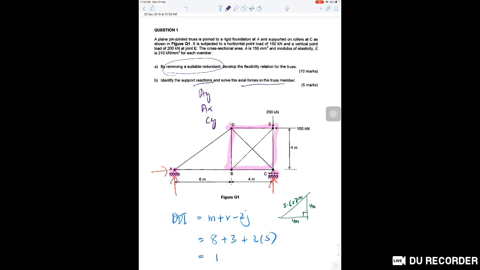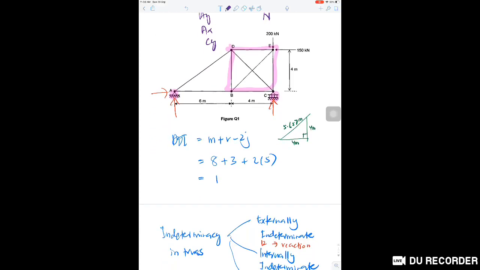Axial force in member is N. Alright, so we have to analyze this indeterminate truss. The truss is internally indeterminate because we know that there are 3 unknown reactions. It is now stable in terms of reaction, but the redundant now comes from member force. We have to remove the suitable redundant member from the system.